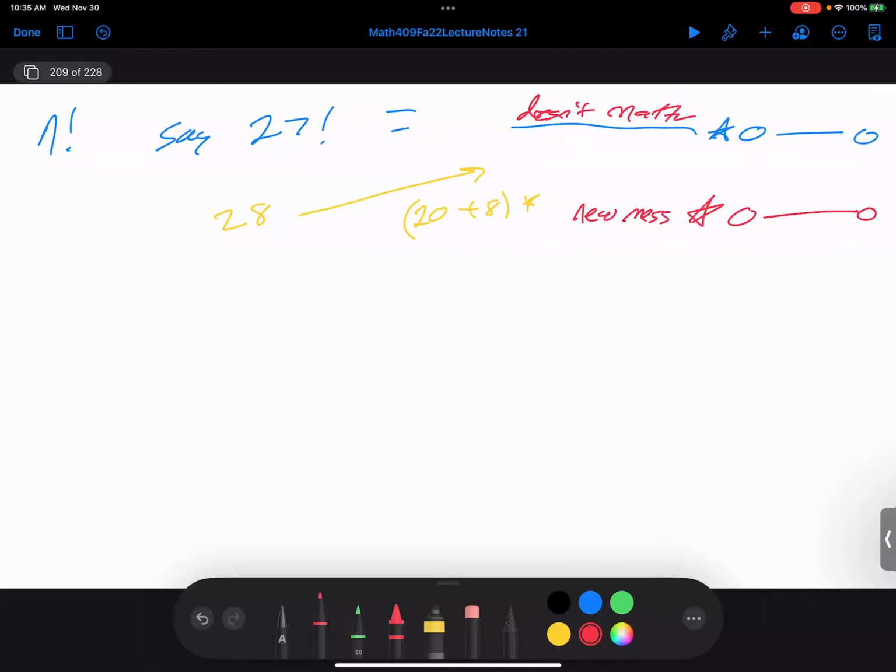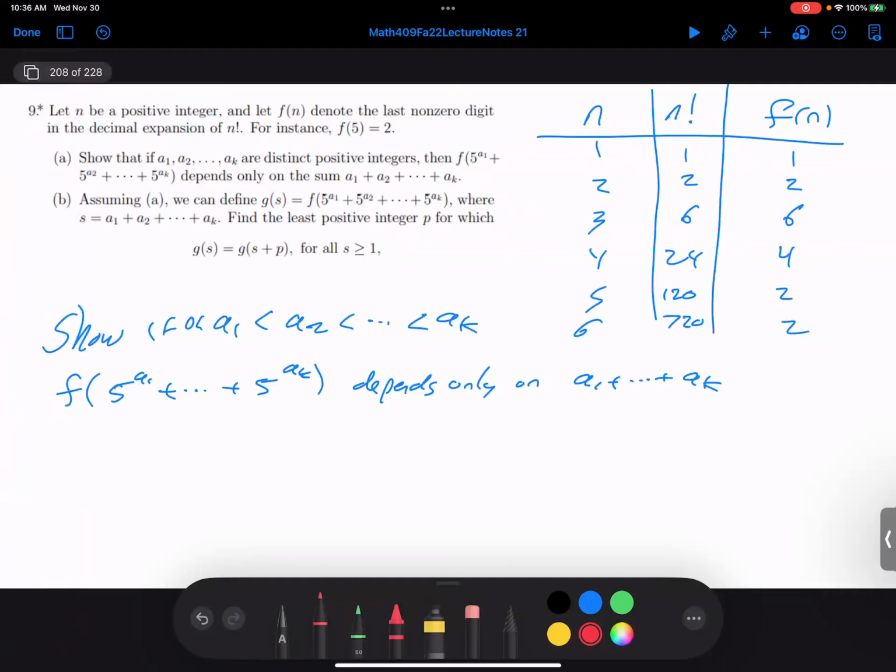So I think when we're doing the multiplications, we only really worry about the last digit. That's still going to be a little bit painful: 7, 8, 9, these become large numbers. But as we're constructing our table, 1, 2, 6, 24, do I really need to keep the 2 in the 24?